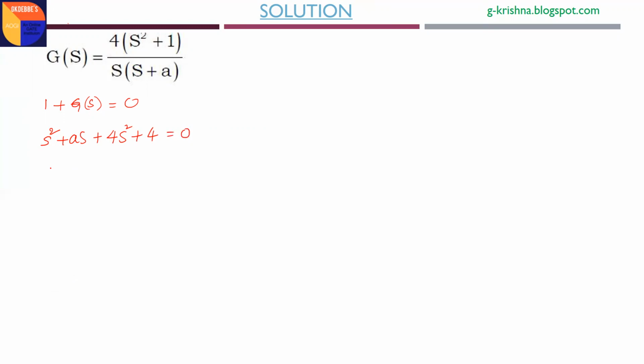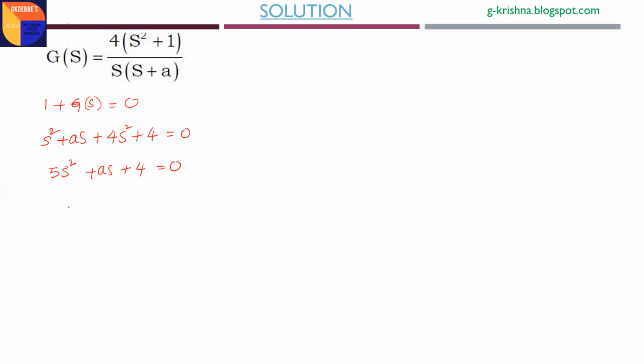Or this you can write as 5s² + as + 4 = 0. Now you have to write this characteristic equation again as 1 + G(s) = 0, in which a should be in the numerator part.